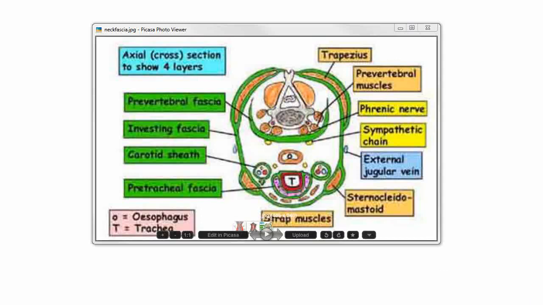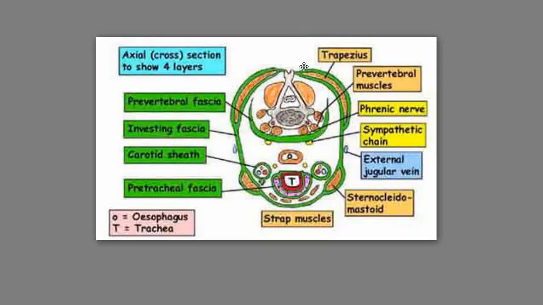So just to quickly recap, you've got superficial and deep fascia. Superficial fascia runs outside the deep fascia and encloses the platysma muscle, and then the deep fascia has four sort of compartments. You've got the investing layer, which surrounds the entire neck and encapsulates the trapezius muscle and the sternocleidomastoid muscle.